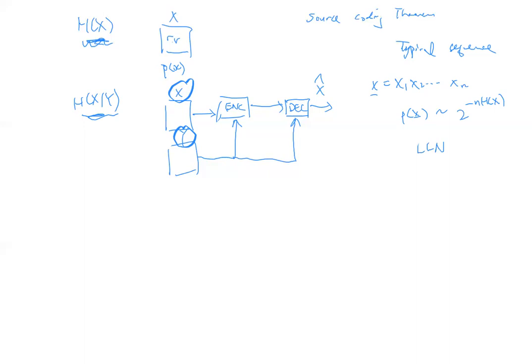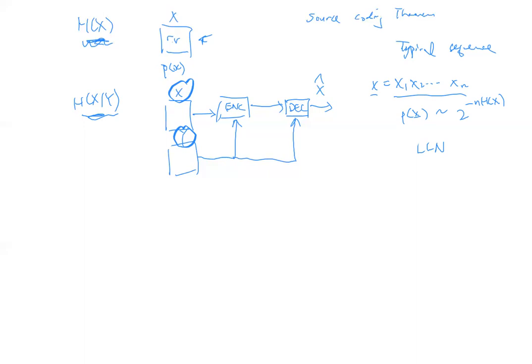Basically, if we sample any sequence from this source, sampling n times to get a sequence, then by the law of large numbers that sequence will always be typical. So all the sequences will be typical.